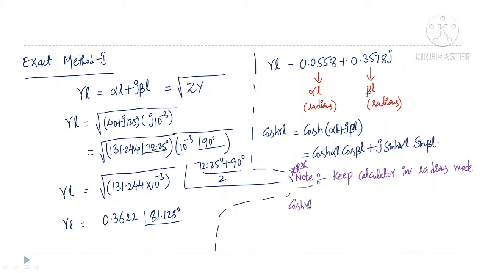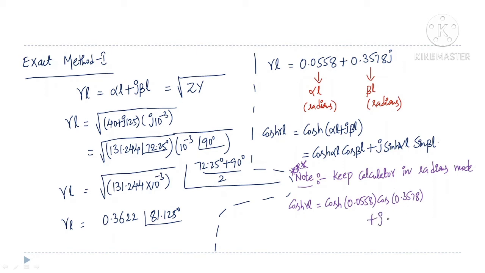Cosh gamma L now is equal to, just substitute all these values. Cosh of alpha L value 0.0558 into cos of beta L, 0.3578. Remember, this is cosh and this is cos, one hyperbolic function and one normal trigonometric function.